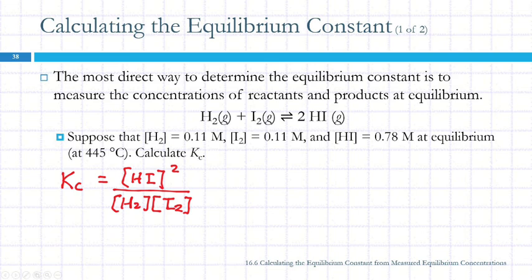Any questions about that? Then we're going to take these numbers that we were given and put them in. So HI had 0.78, so 0.78 squared divided by the H2 concentration times the I2 concentration.